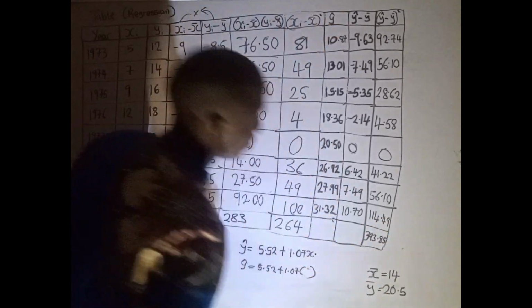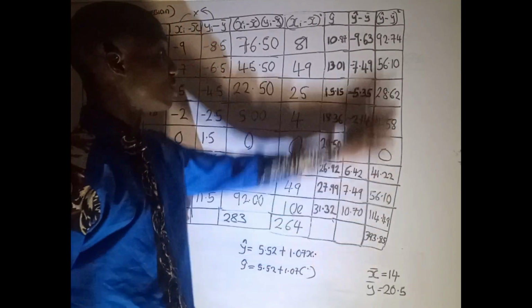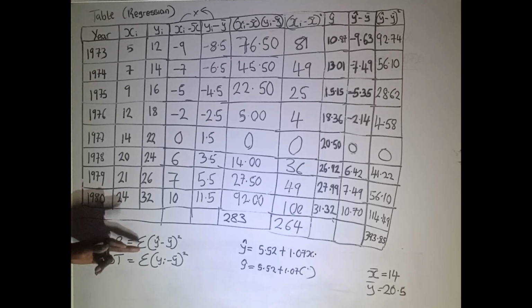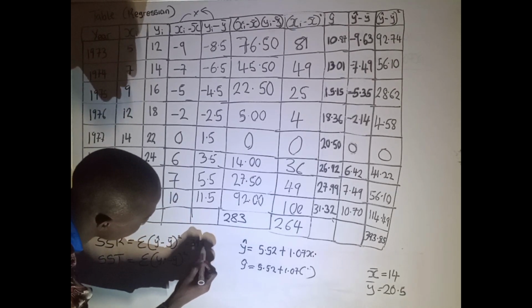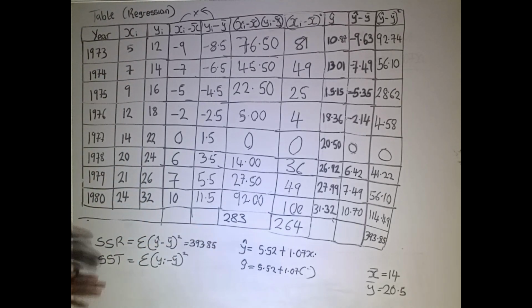Therefore, this is the value of the summation. So I've already gotten the sum of square due to regression, which is 393.85.